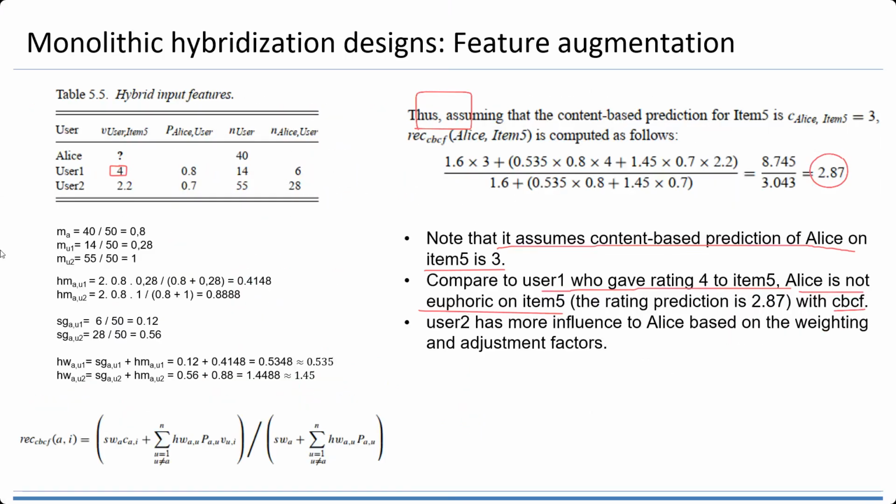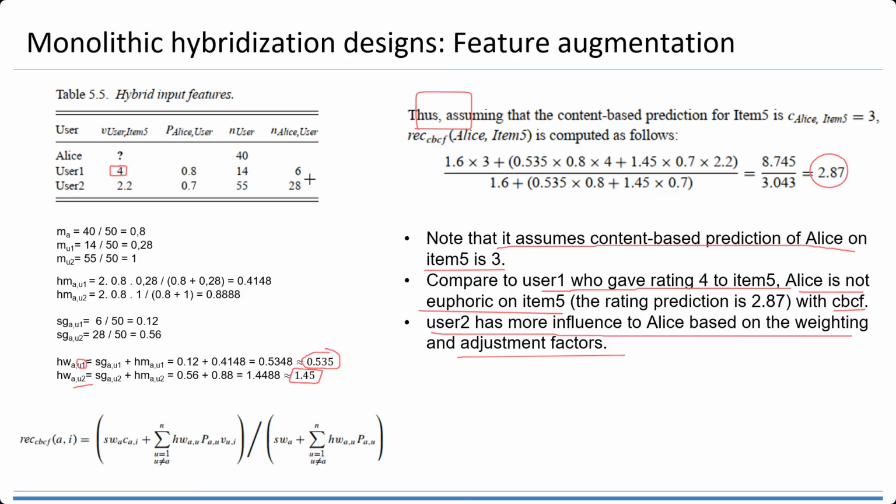User 2 has more influence on Alice based on the weighting and adjustment factors. So user 1 has only 0.5 contributing to the rating for Alice, but user 2 has 1.45. So it means the weight is more on user 2 rather than user 1.